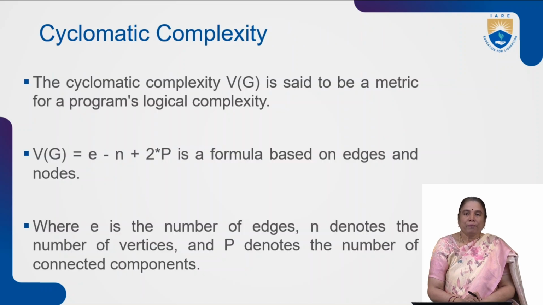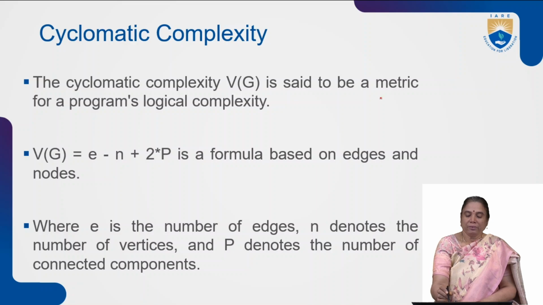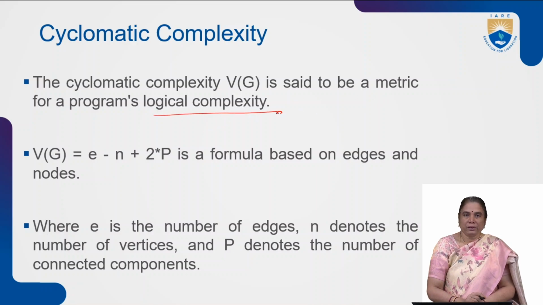The cyclomatic complexity is a majorly used measure for test case designing. The cyclomatic complexity in basis path testing is obtained with the help of the control flow graph. The cyclomatic complexity V of G is a metric for the programmer's logical complexity.